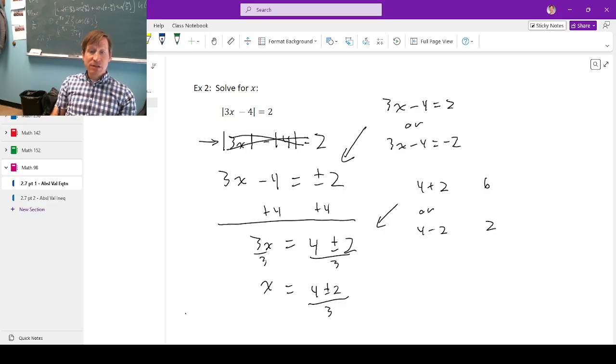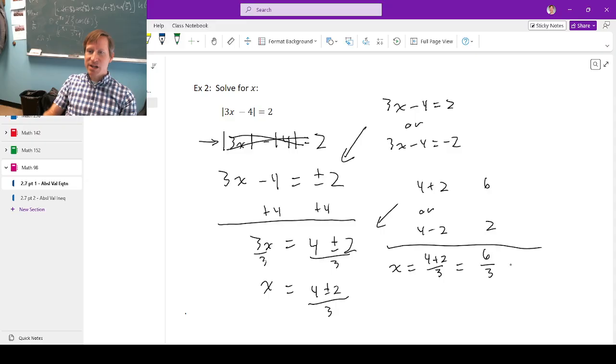All right. So again, we get two solutions to this equation. Let's write down what those two solutions are. Remember, anytime you see a plus or minus, that's actually an abbreviation for two different possibilities. So the first possibility is that x equals 4 plus 2 over 3. 4 plus 2 is 6, so 6 over 3, and that's 2. So the first solution is x equals 2.